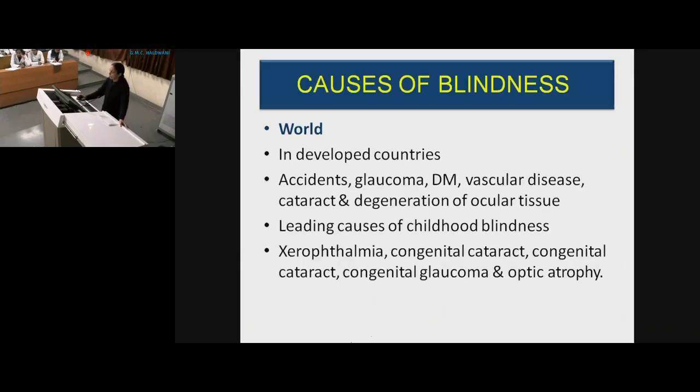Now, causes of blindness. In the developed world: accidents, glaucoma, diabetes mellitus, vascular disease, cataract, and degeneration of ocular tissue. Xerophthalmia, congenital cataract, congenital glaucoma, and optic atrophy are causes of childhood blindness.